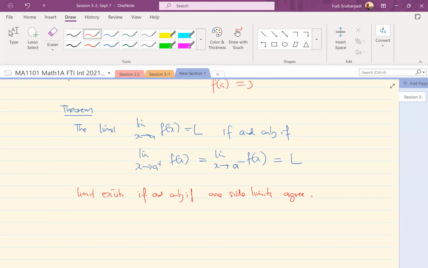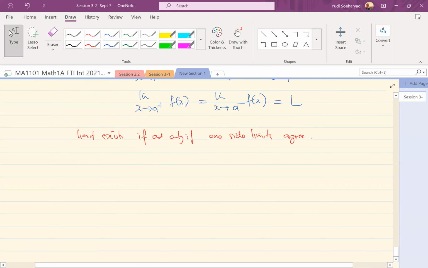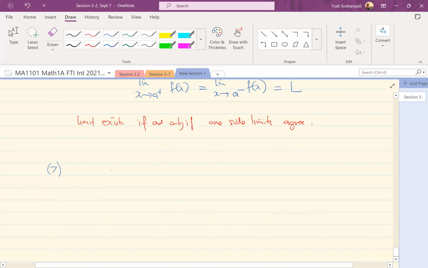All right, so just one example here. Example 7. This is from the exercise in the book, actually. So we have, there.